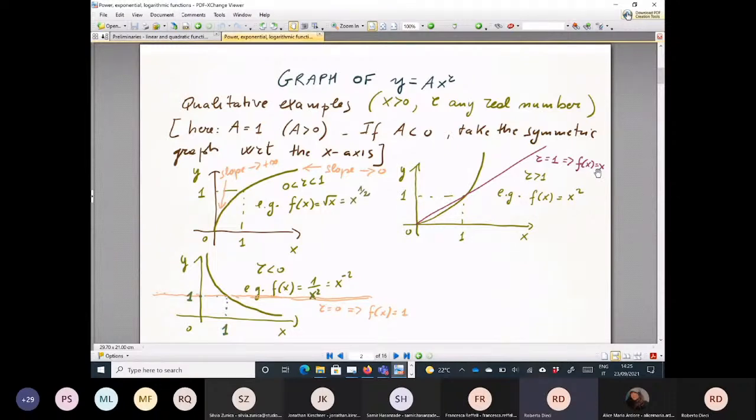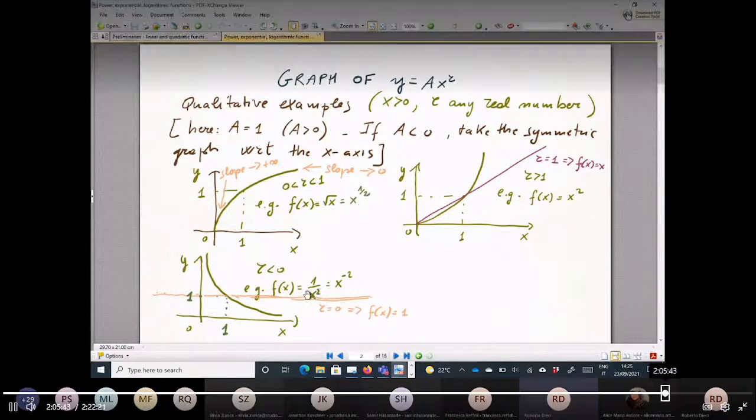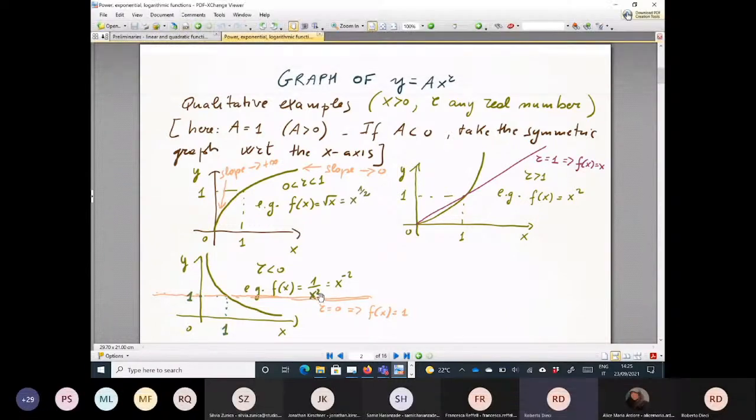This is a case where r is negative. For instance, 1 over x squared, which has a behavior like this. So what is the behavior in this? You know, x must be positive, but if it gets closer and closer to 0, then this explodes, becomes very large, okay?